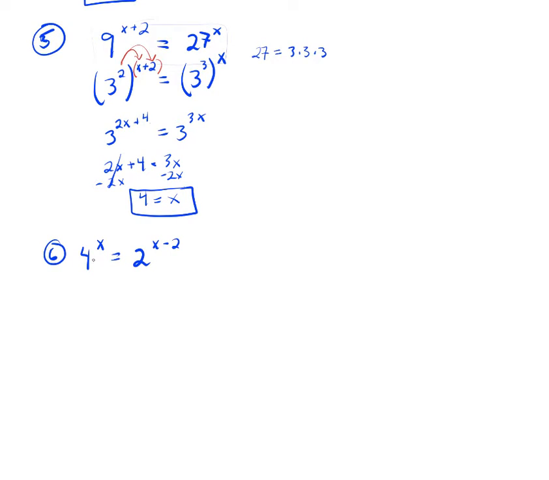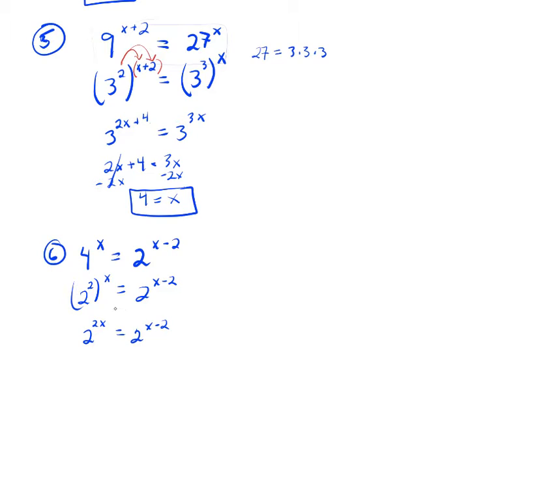So I noticed that there's a 4 and a 2, so our base of 2. So I'll go that way with the base of 2. This one just stays the same, so I bring it down. So power of a power, 2 to the 2x equals 2 to the x minus 2.